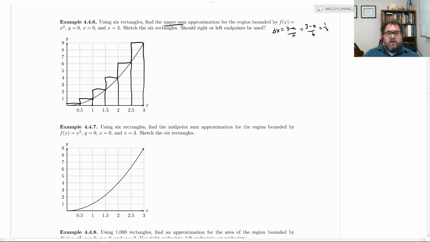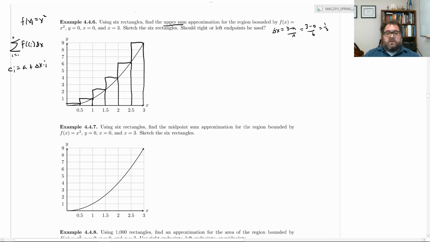Do recall that our Riemann sum approximation is the sum from i equals 1 to n of f of c sub i times delta x. We have our function, f of x equals x squared. Now, we're using right-hand points, so the way we generate them is c sub i equals a plus delta x times i.